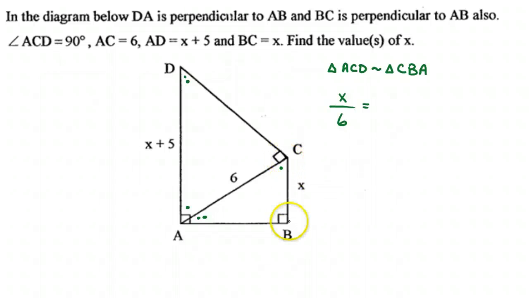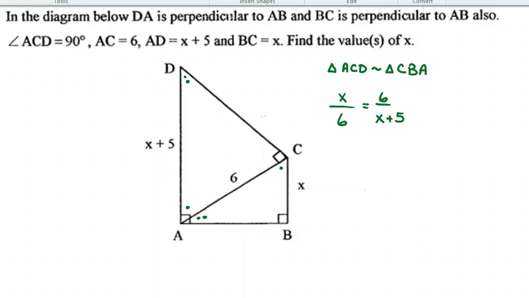So x is the side that travels from the dot to the 90. The dot to the 90 in this case is 6. And then 6 is the length in triangle ABC that travels from the two dots to the single dot. Two dots to the single dot is the x plus 5.